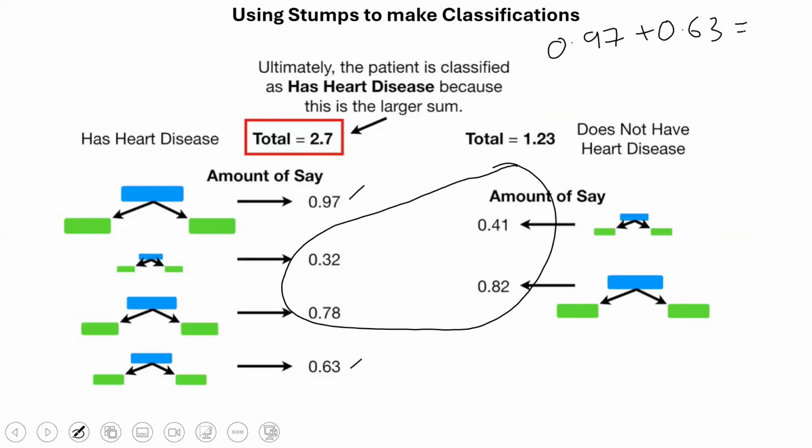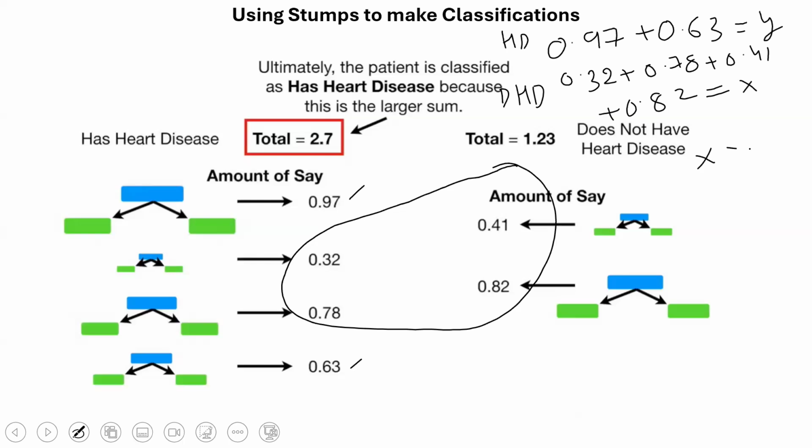For the stumps which said do not have heart disease, you just calculate the summation of all the stumps. This is 0.32 plus 0.78 plus 0.41 plus 0.82. So ultimately you find out the value of this. Let's suppose this is x and this is y.